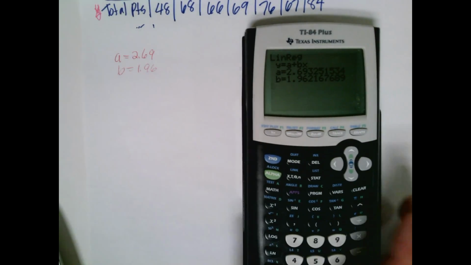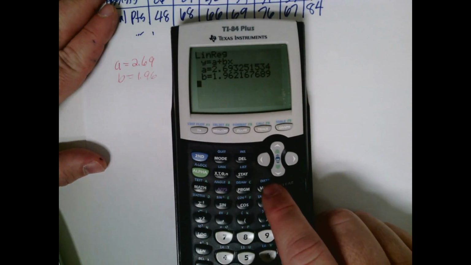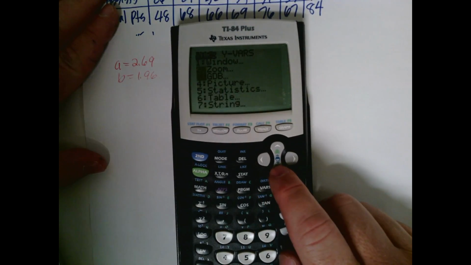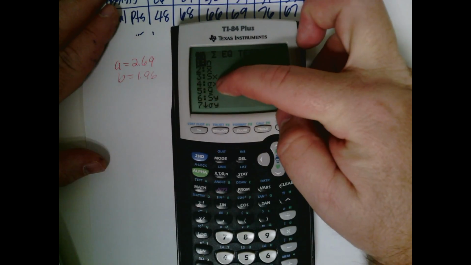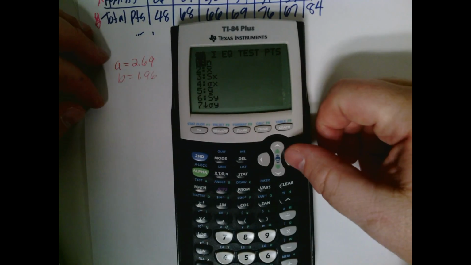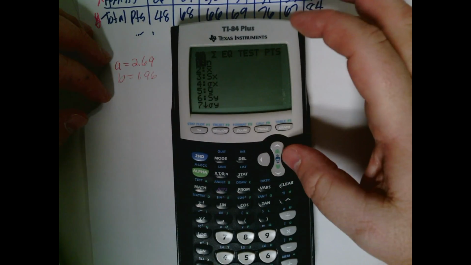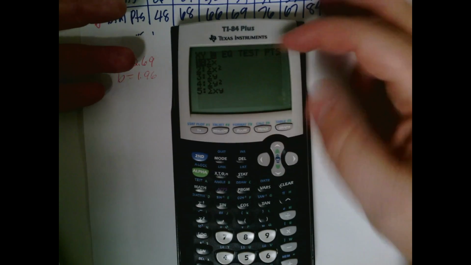Now, suppose we want to find the R. Well, here it says variables. If you hit that button and go down to statistics, notice that you can find the n's, sums, means, and standard deviations. Everything that's already been calculated is still in the memory, and it's under these locations. And if you go over here, you get all the sums. So even if you've gotten rid of it, they're still in the memory.